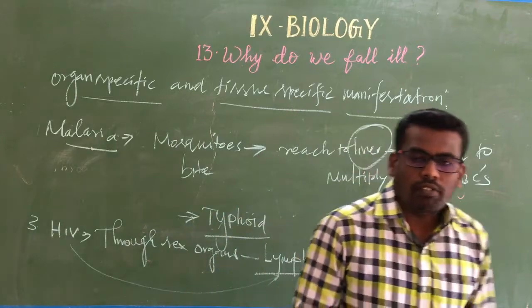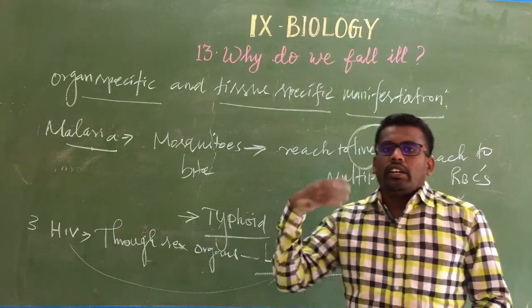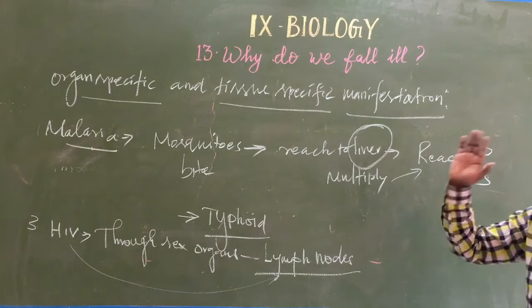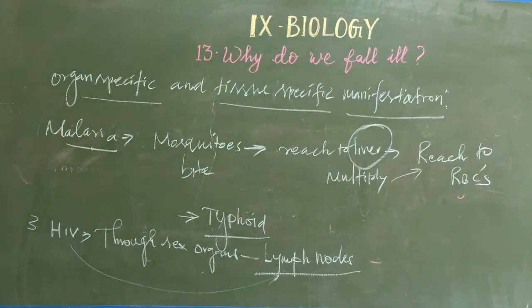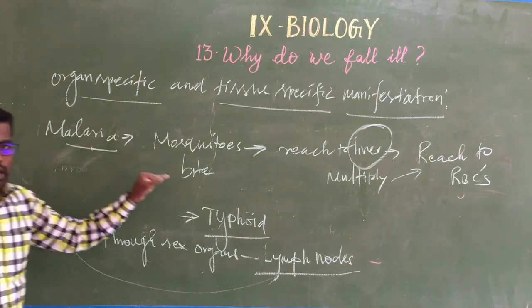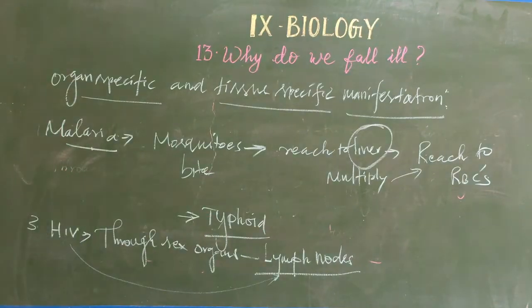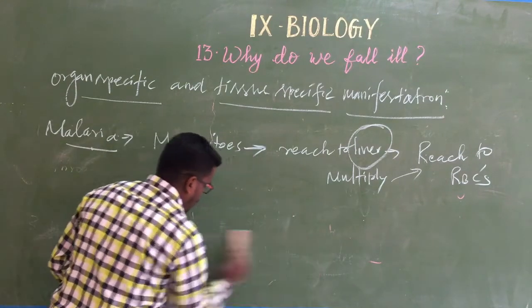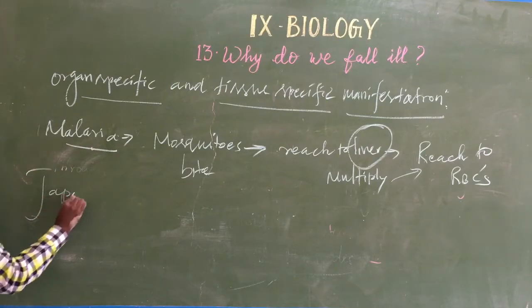What are the functions of RBC? It carries oxygen, it carries carbon dioxide, it carries the nutrients. So those functions will not occur properly. So the malaria causing agents are transmitted by the mosquito bite. So another one is there, Japanese encephalitis.